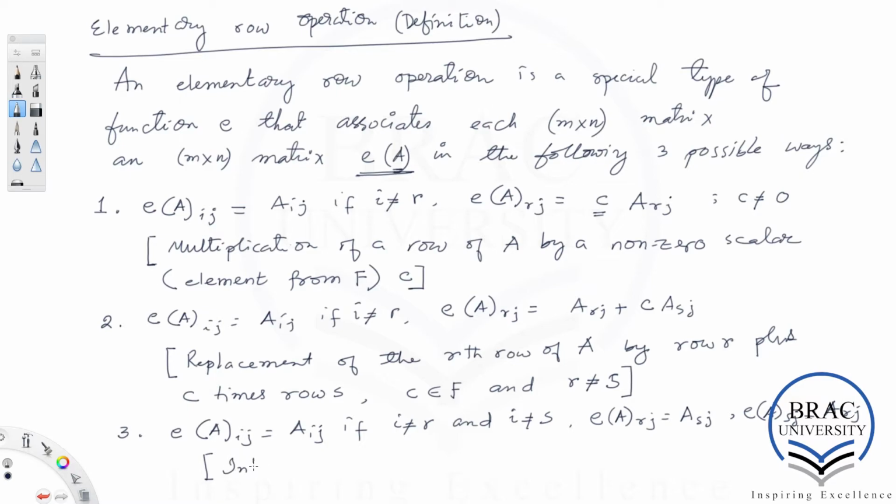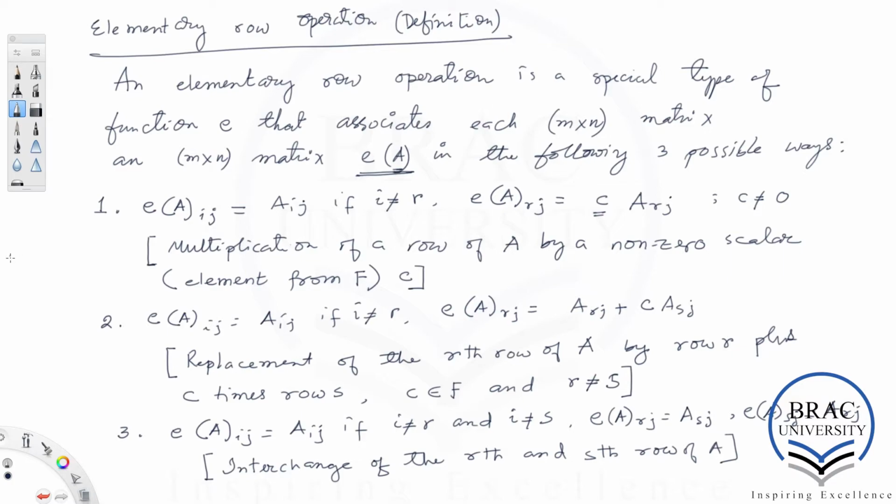Interchange of the rth and sth row of A. Okay, all right.